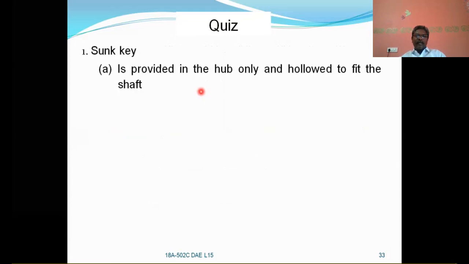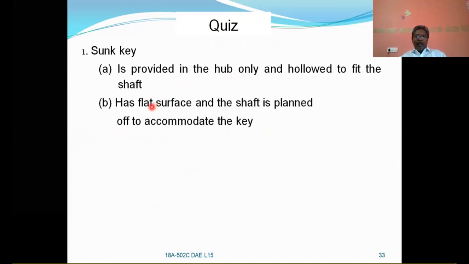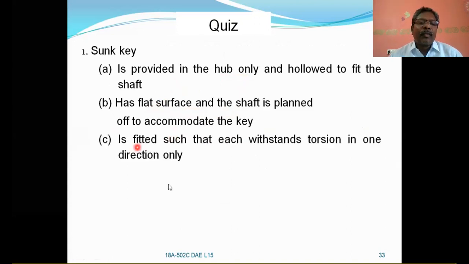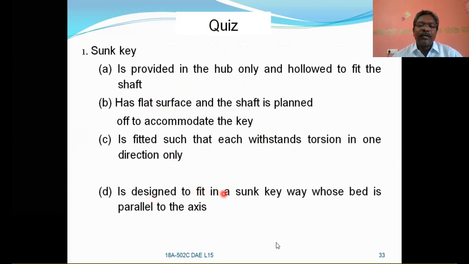Sunk key, second, is provided in the hub only, in the hollow to fit the shaft, has a flat surface, and the shaft is planed off to accommodate the key, is fitted such that it withstands torsion in one direction only, and is designed to fit in a sunk keyway whose bed is parallel to the axis. So D is the right answer.